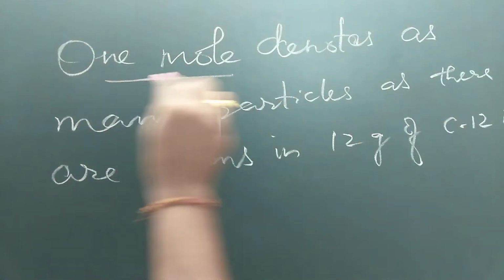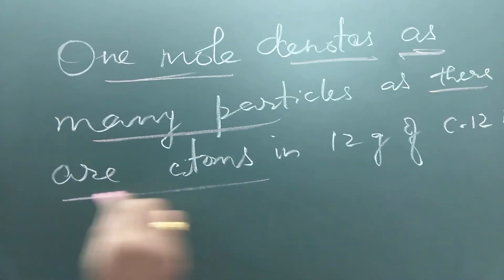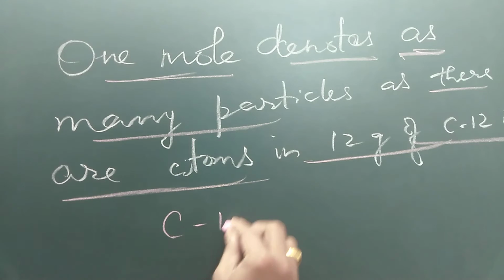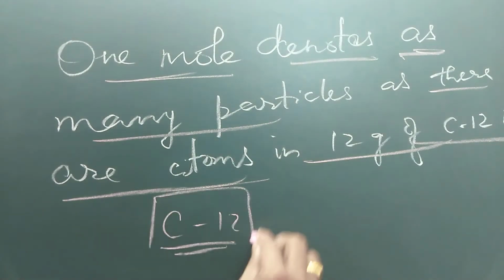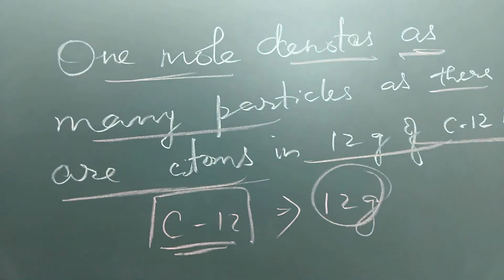Now, 1 mole denotes as many particles as there are atoms present in 12 gram of C12 isotope. So if we take carbon 12 isotope and take 12 gram of carbon, 12 gram of carbon means 1 mole of carbon. And 1 mole has how many particles?